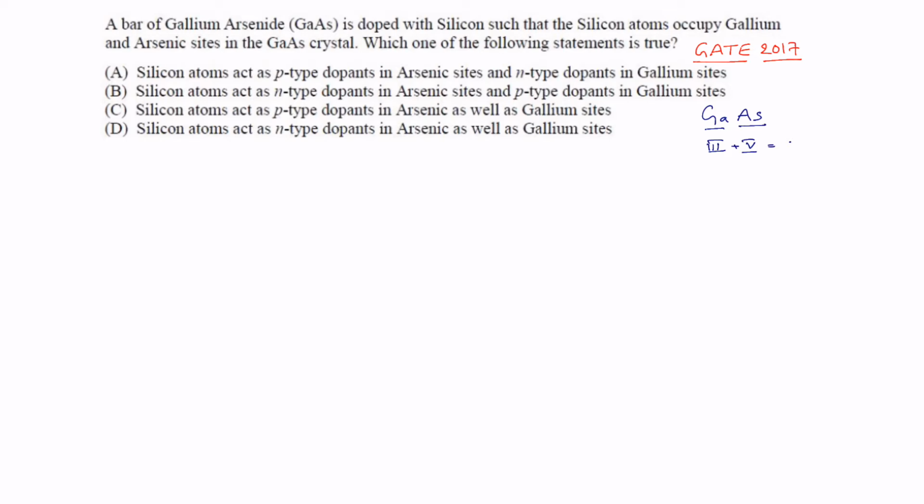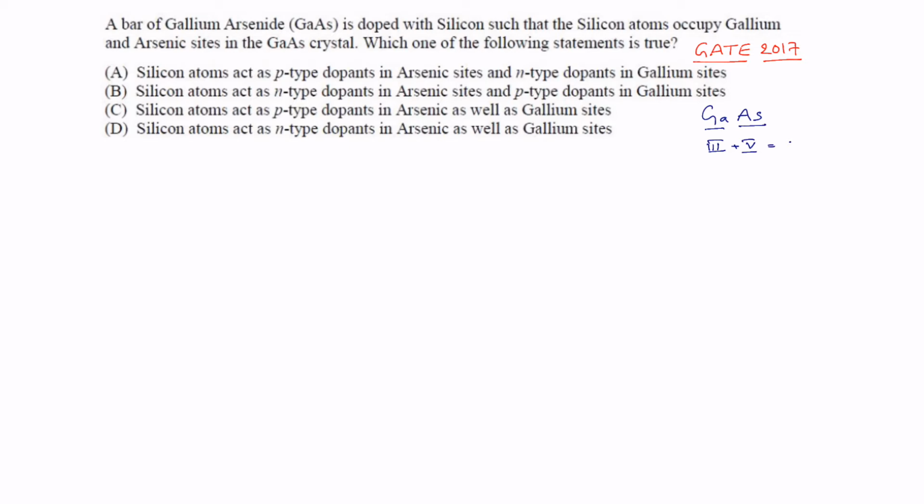The important applications of gallium arsenide are mainly in microwave frequency ICs, monolithic microwave ICs, infrared LEDs, laser diodes, solar cells, optical windows, and some other applications.